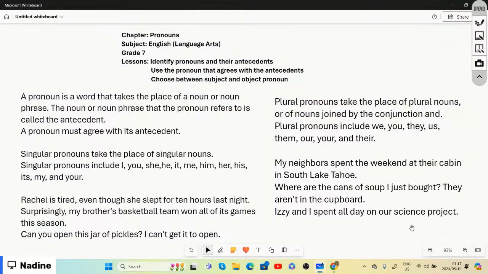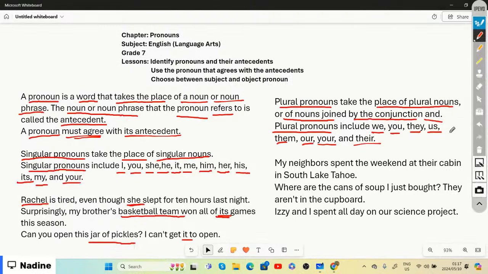So if we look at a few examples, we can say my neighbors, right? We're referring to my neighbors. It's more than one person, right? So my neighbors spent the weekend at their cabin in South Lake Tahoe.